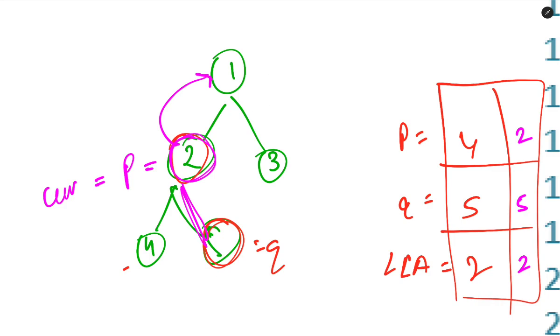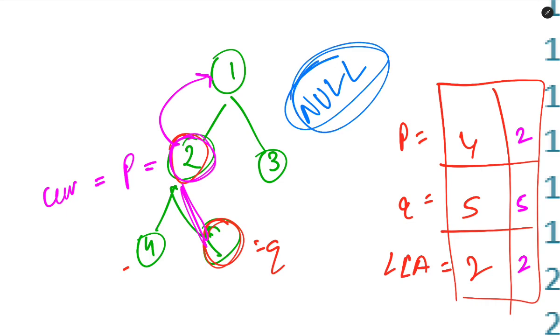Because what I am doing in this question is using null to denote that neither P nor Q is found from that path. And if something other than null, something not null, is returned, that will mean that either P is returned or Q is returned.